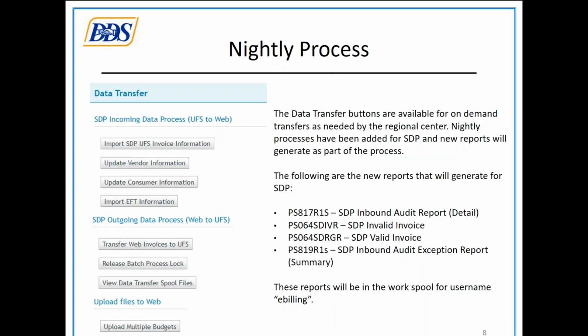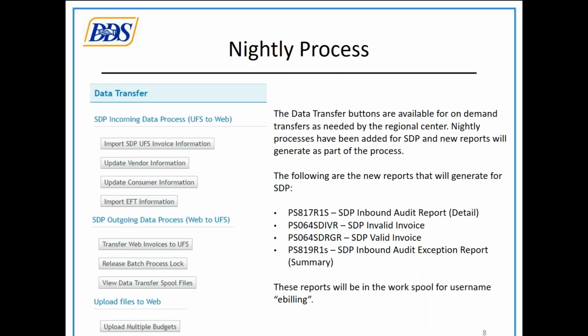We just tacked an S onto the end to indicate it's for self-determination. Part of the checks that happen when invoices are pumped in are on these new reports, PS 064S. One is for invalid invoices and one is for valid invoices.